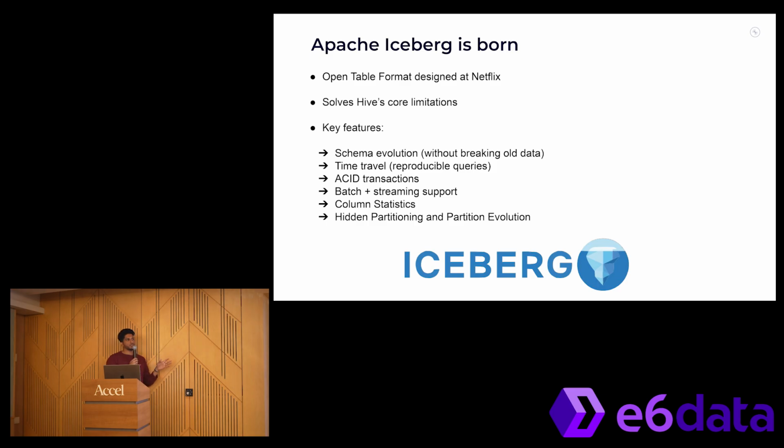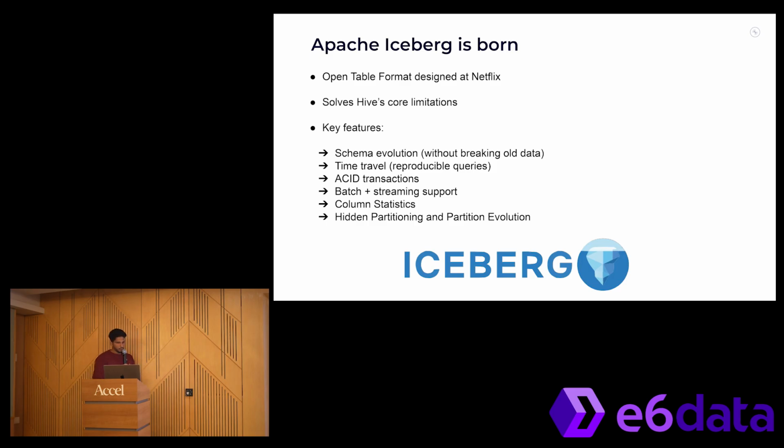If you have column statistics and a data file has, for this age column, a min of 20 and a max of 30, which means there are no records in that data file which satisfy the query you are running, you don't even need to look into that data file, thus optimizing your query performance.